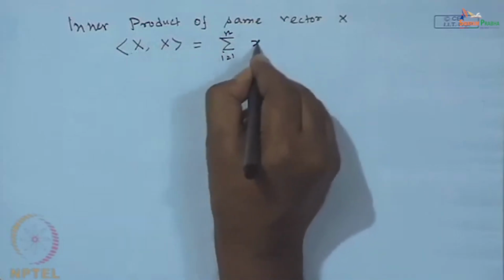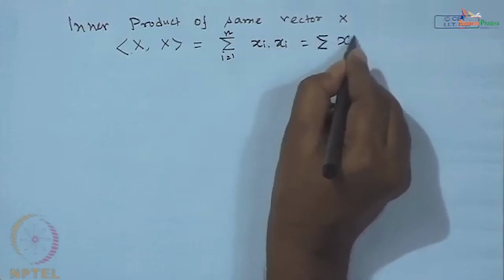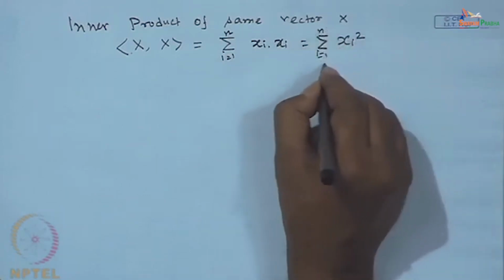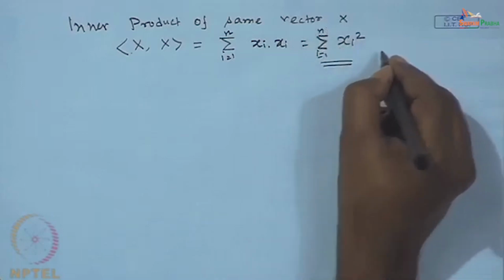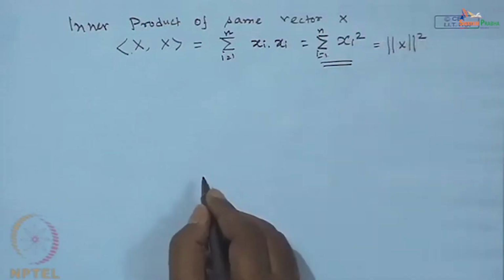Therefore, this will be nothing but x_i multiplied by x_i. So, this will be summation of x_i square, i equal to 1 to n, and what is this? This is nothing but norm of x squared, the square of the norm.